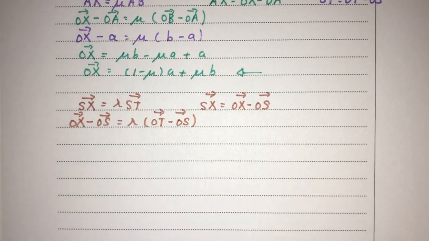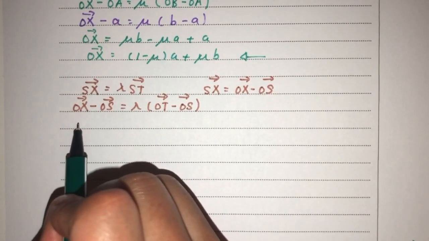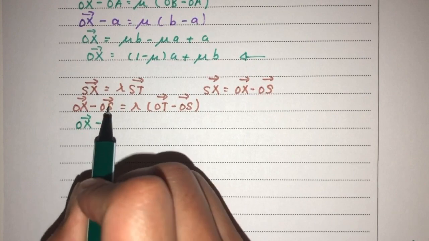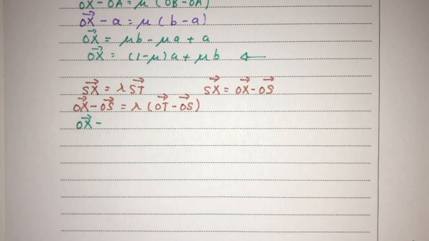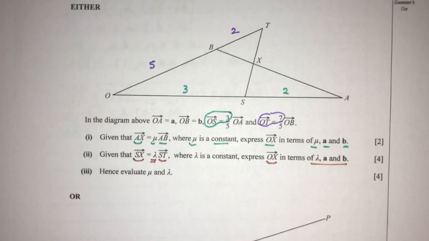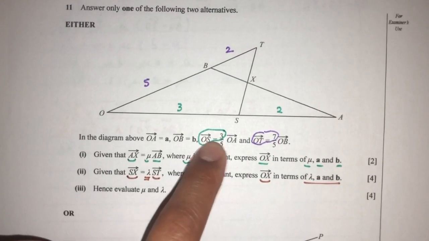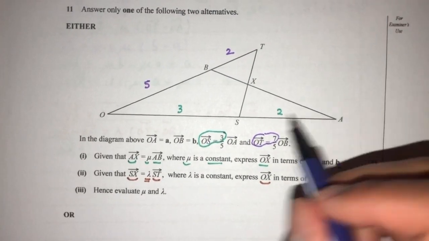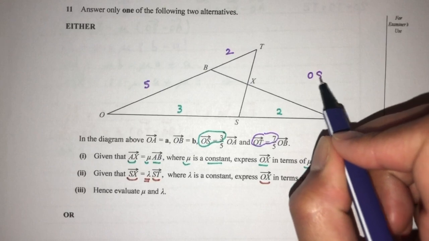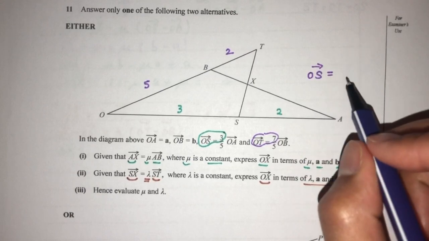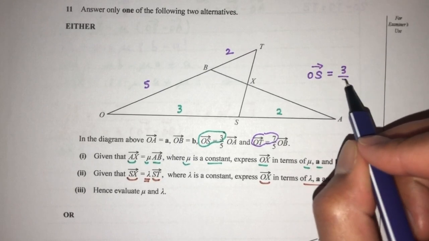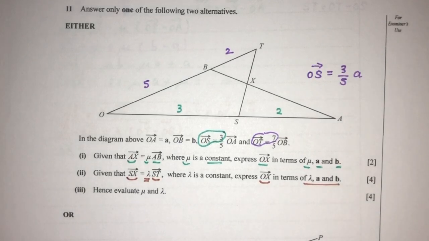Okay, so now we have to replace the values that we know. So X, we don't know what it is. What is OS? Let's observe how can we derive OS. So first thing first, OS is 3 over 5 OA, so pretty easy. Because OA is what? OA is given by A, so that'll be 3 over 5A. That's my first value, OS.